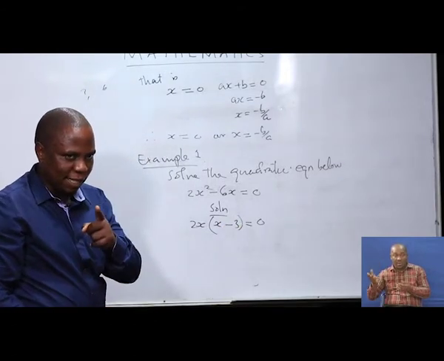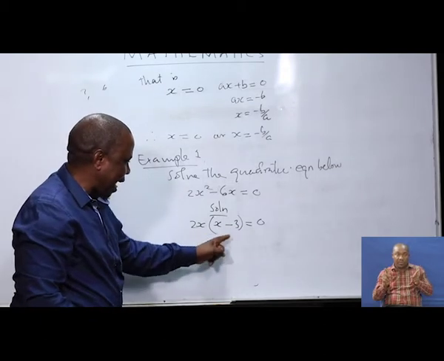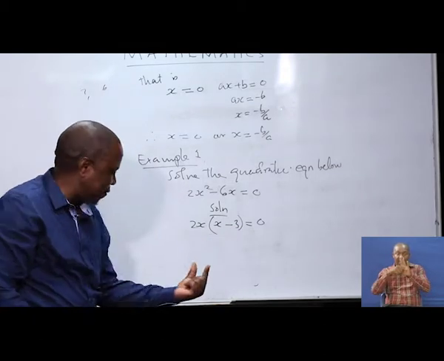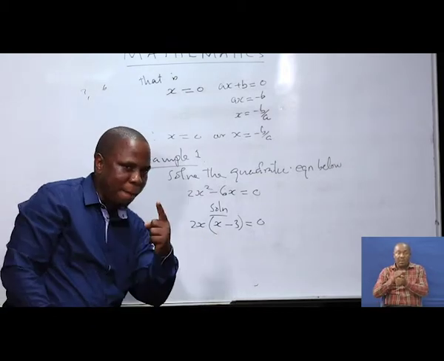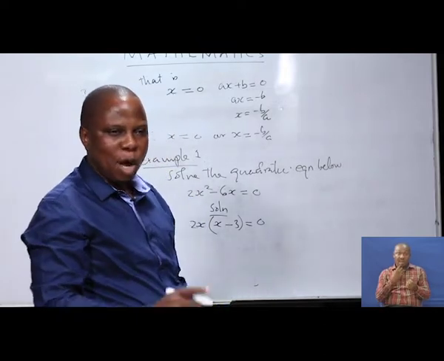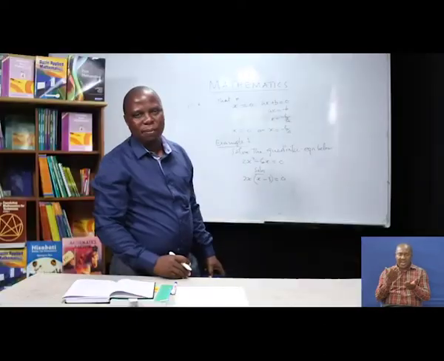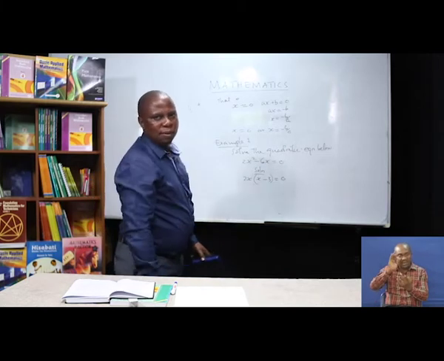We are solving for x. For the product of two numbers, here we have two numbers now, to be 0, what have I said? At least one of them, if not all of them, should be equal to 0.